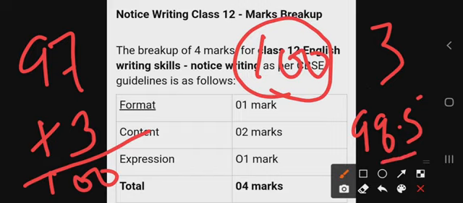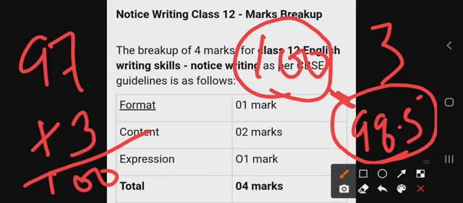Both are figures, but what's the difference? 100, and here 98.5. Although this person has also worked hard, just because of 1.5 marks, he was unable to get 100. Then comes the total blast in the brain. I don't think you would like to have this scene in front of your eyes: I could have secured 100 out of 100, just 1.5 marks difference, I am 98.5. So children, just take care of this thing.